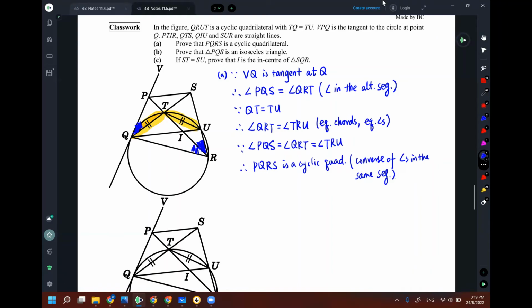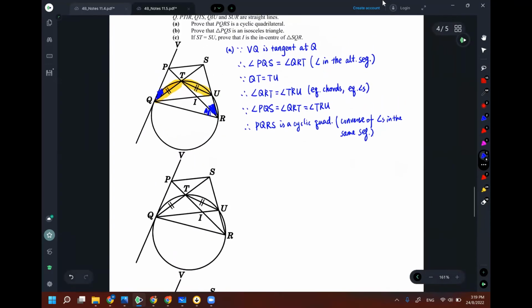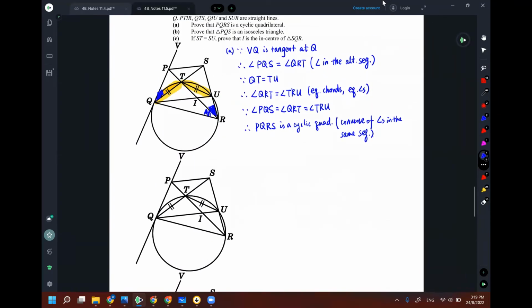Now, next part, prove triangle PQS is an isosceles triangle. Okay, I'm still going for the angles. Equal, equal, equal. Now we just need this equal. How do I do that? Use the circle.